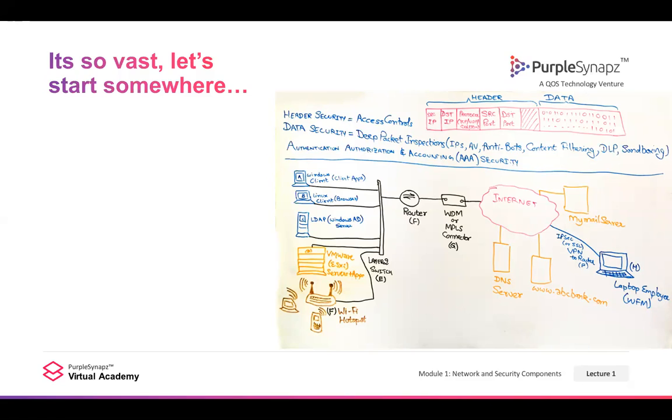They decide on the basis of source-destination pairing, or source or destination alone, which way you would like to allow them. However, deep packet inspection controls are like IPS, antivirus, anti-bot, content filtering, DLP, and sandboxing. All of these we are going to demystify in the next few slides.